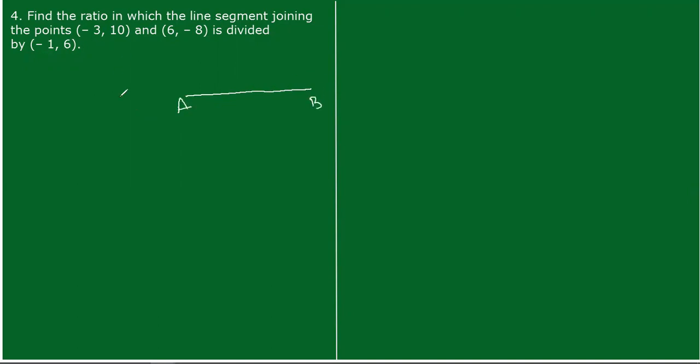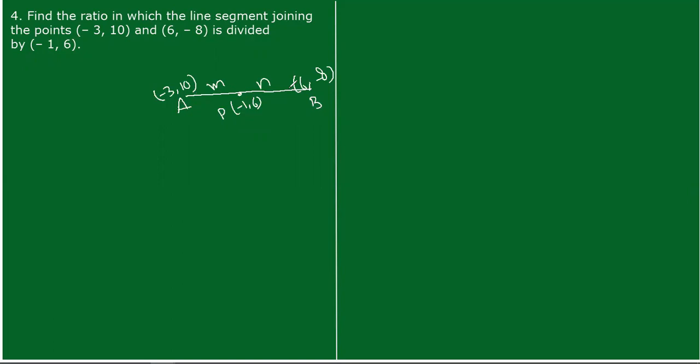So these are the endpoints, I mean (-3, 10) and (6, -8). So the point which is dividing, nothing but the point P, we can assume (-1, 6). So P is a point dividing line segment AB in some ratio. We don't know that, we have to find that ratio. We have to find m is to n.